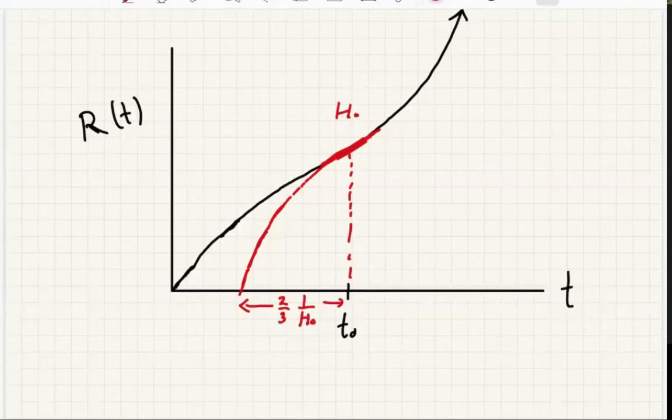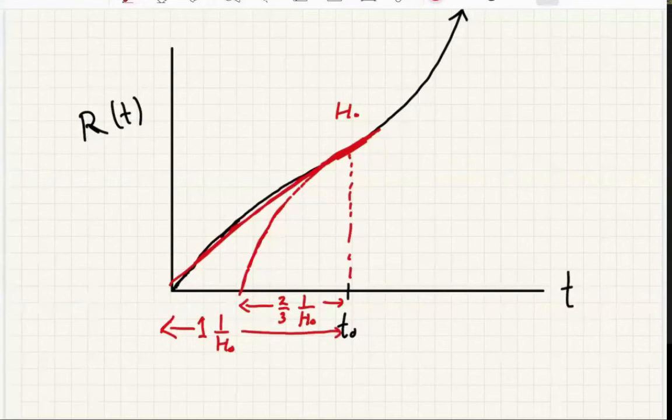That's one possibility. Another possibility that was interesting is we could have had, this is weird, an empty universe with negligible gravity all the way to the beginning. I don't think people are taking that one too seriously now, but there's a straight line all the way back. In which case, the age of the universe would be one Hubble time.